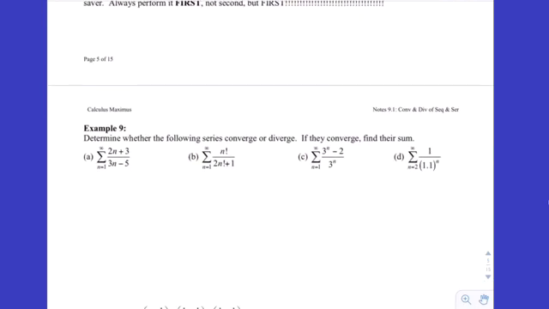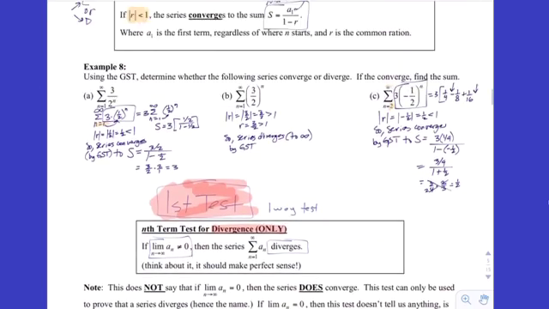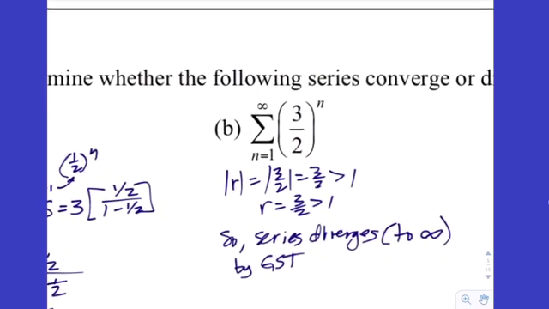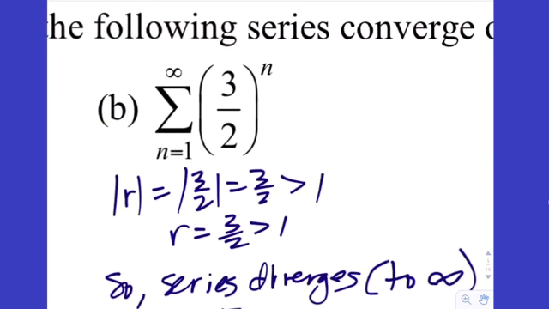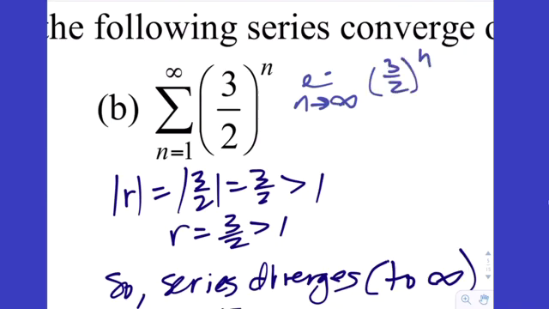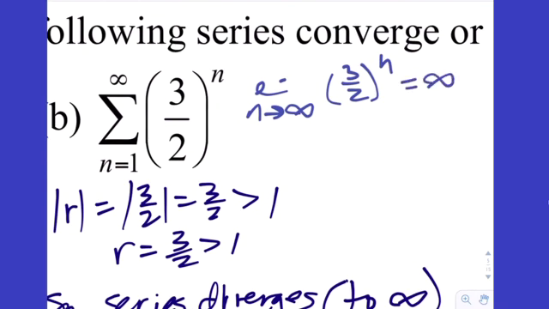So example 9, determine whether the following series converge or diverge. Well, let's come up here and do example 8B first. Some of these series are going to fall under multiple tests. If you look at 3 halves to the n, what would be the limit as n goes to infinity of 3 halves to the n? It goes to infinity, right?